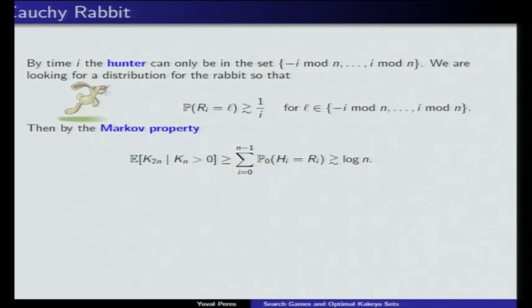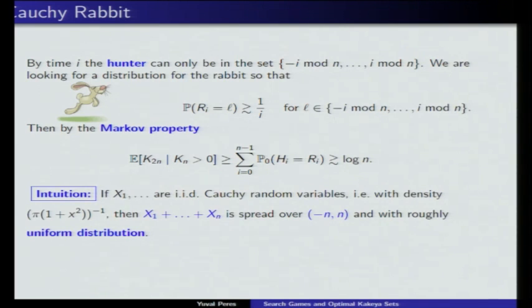Once we have this property, we'll be able to see that the number of collisions in 2n steps, given there is a collision in the first n steps, is going to be bounded below by a sum of 1 over I, so by log n, and then we'll get that the probability of collision in n steps is bounded by a constant over log n.